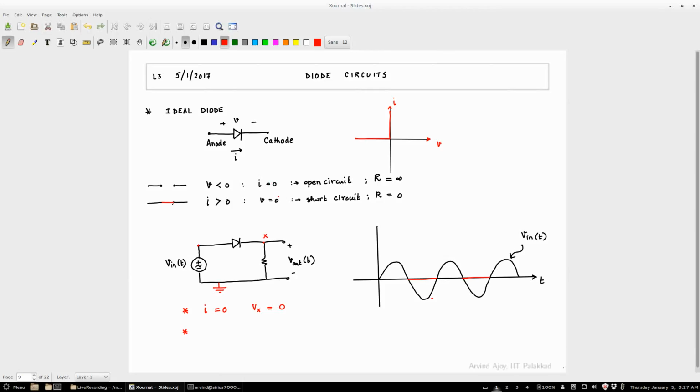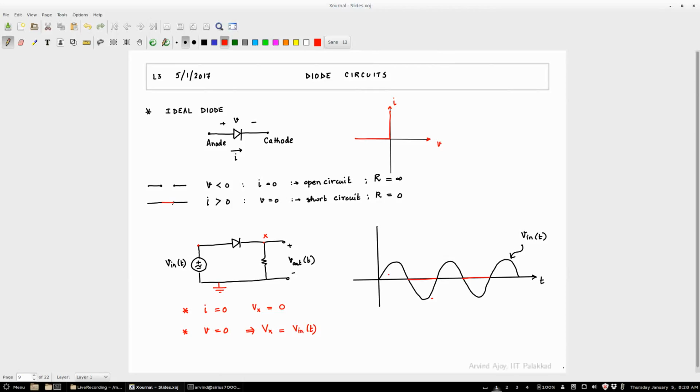Then you consider the next situation. What's the next situation? So you finish this one, you look at this. Correct? So when would this happen?